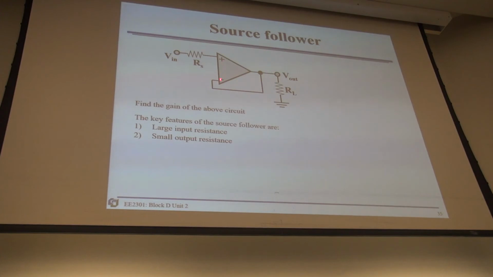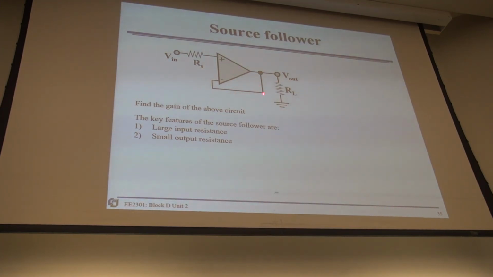What you do is cascade the op-amp in there. Looking from this side, the output resistance is small. No matter how big this is, it doesn't really matter anymore. That's the beauty of the op-amp.